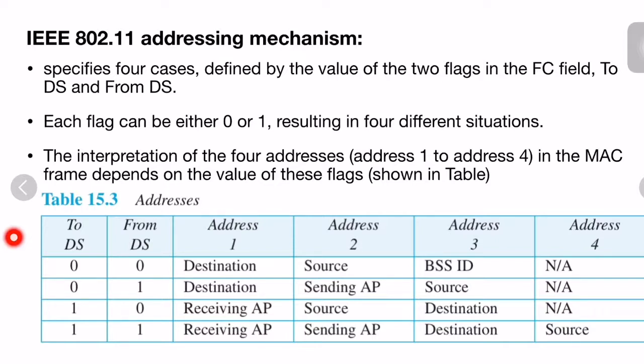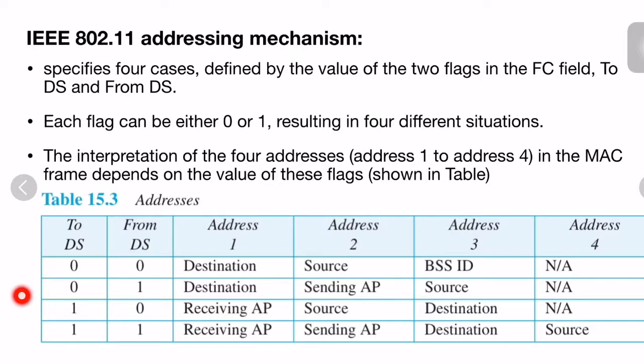If it is 01, if to DS is 0 and from DS field is 1, then it is destination address, sending access point, then source address, and last one is not applicable. If to DS is 1 and from DS 0, then it is receiving access point address, then source address, destination address, and fourth one is not applicable.